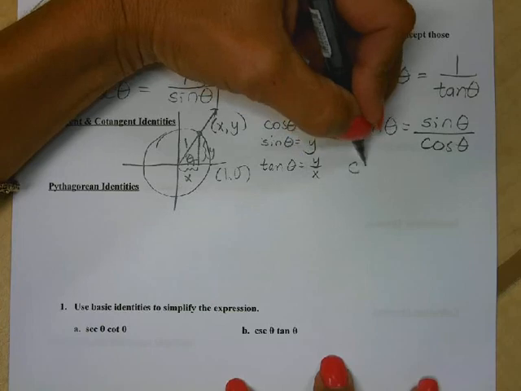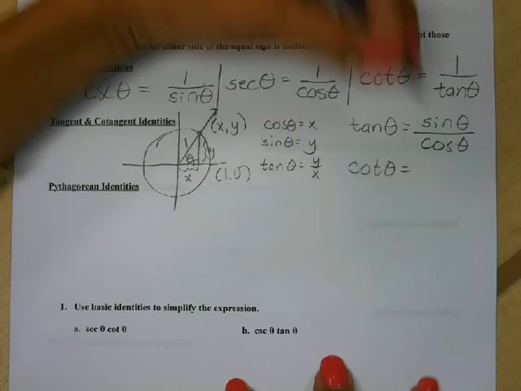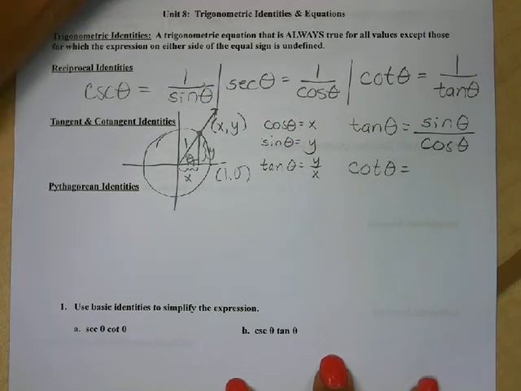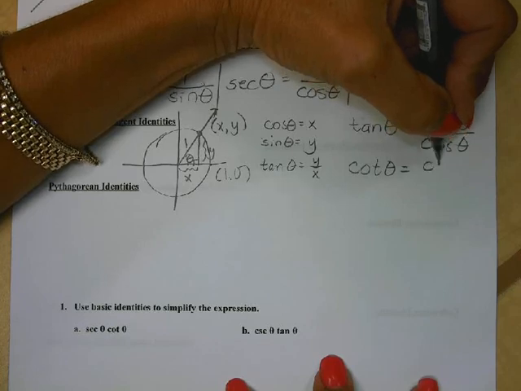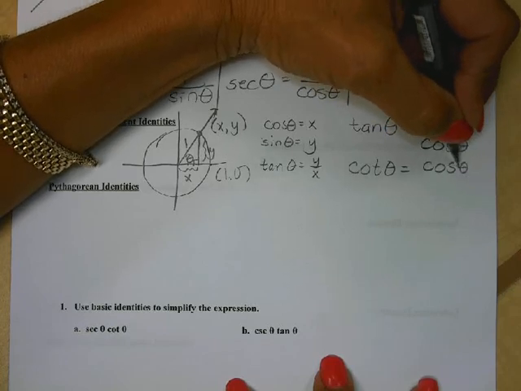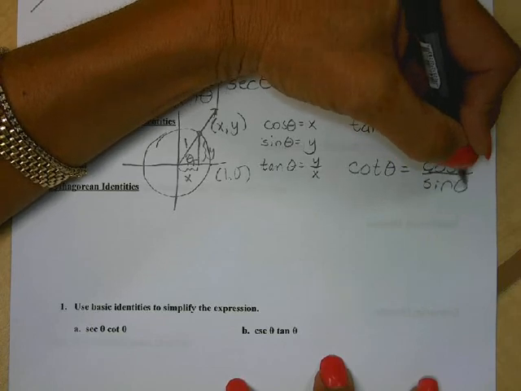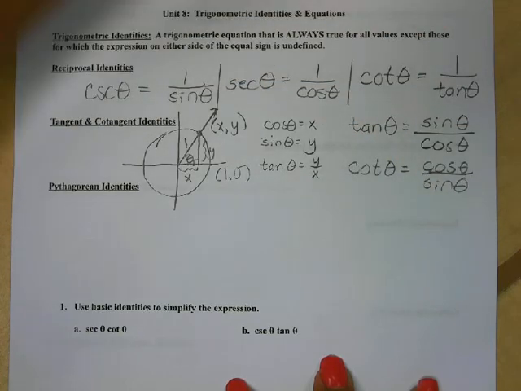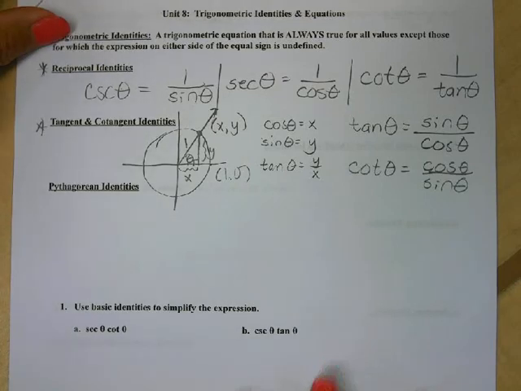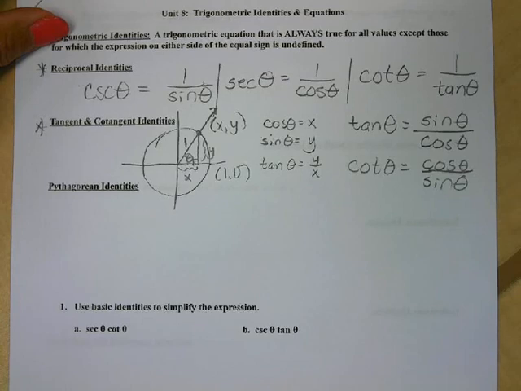Now we also have the cotangent identity, which you would expect is going to look like the reciprocal of that. And the cotangent identity tells us that cotangent of theta is equal to the cosine of the angle divided by the sine of the angle, which is the x over y. So we have the reciprocal identities, and we have the tangent and cotangent identities.